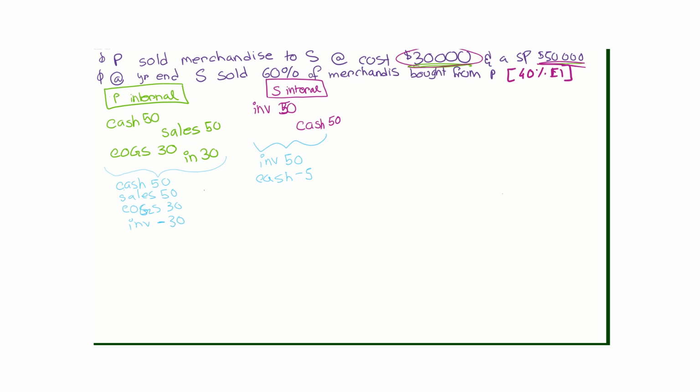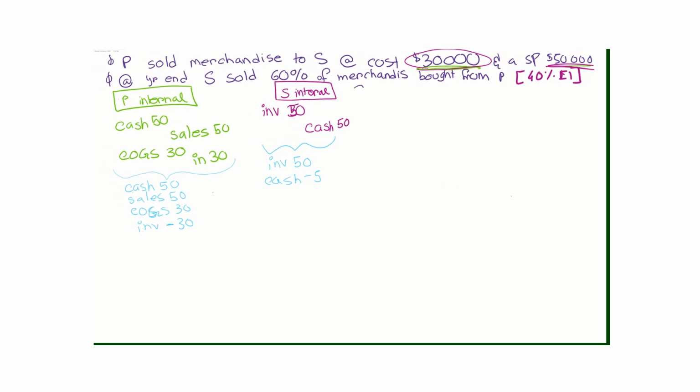So let's look at the running balance for these two transactions. So the running balance is cash plus 50 minus 50, which is going to give us 0. We also have sales of 50.